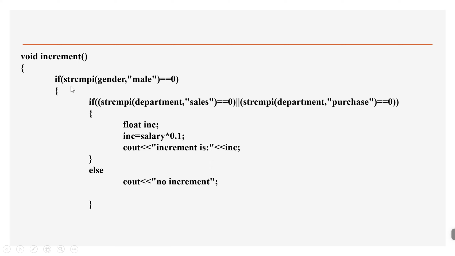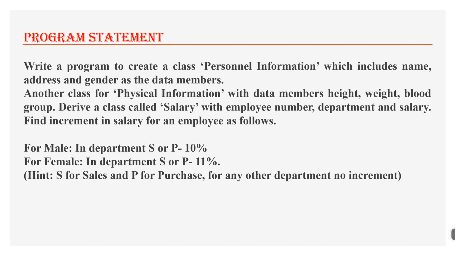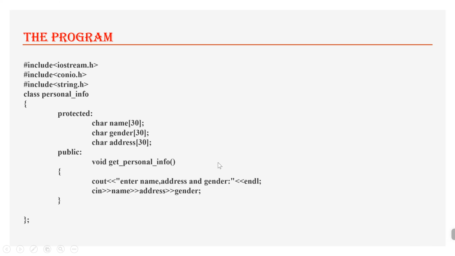Similarly, if the gender is female, then 11% increment should be given. As per the program, what is the program given over here? If the female is of the same department, then 11% should be the increment given.